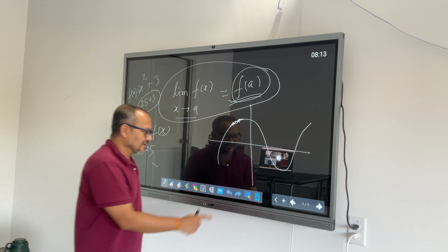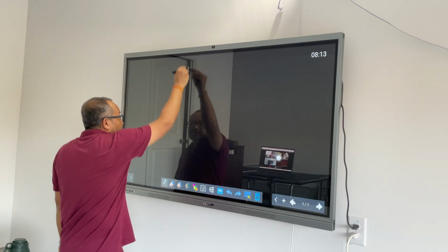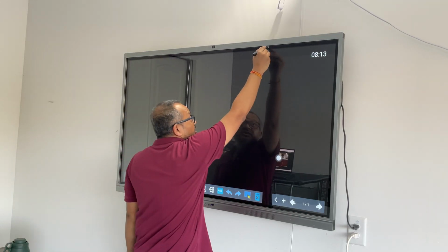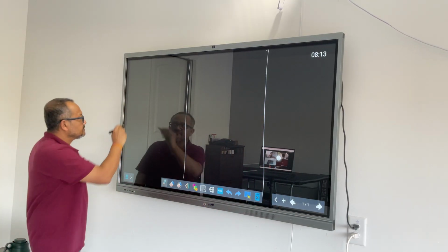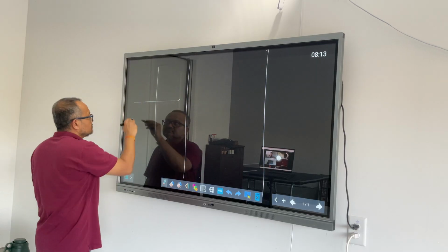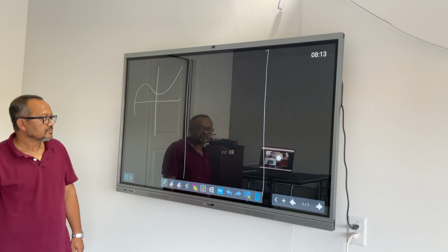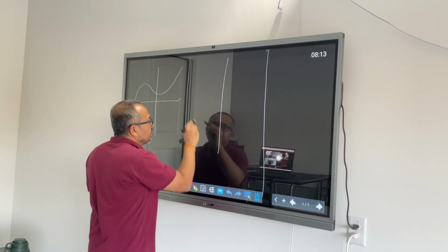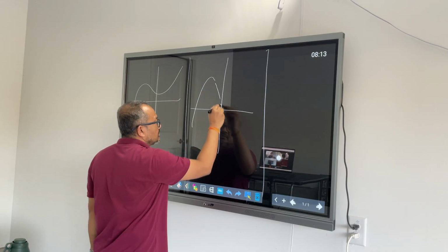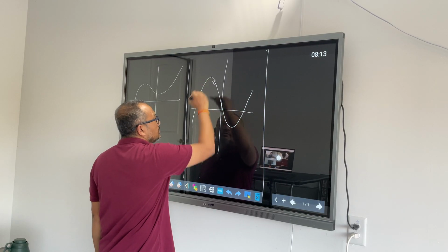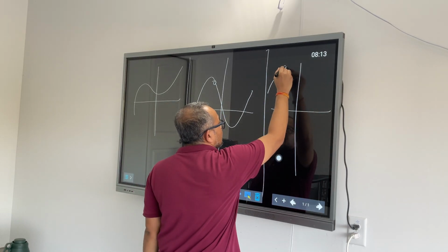Alright, so let's look at the intuitive part of it. Let me do some divide and conquer. I cannot divide much, but I'm dividing the screen itself into 3 parts. This is my first function, this is my second function, and this is my third function.